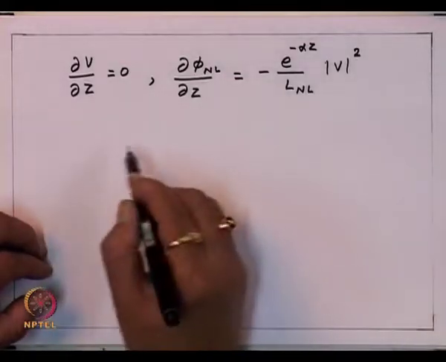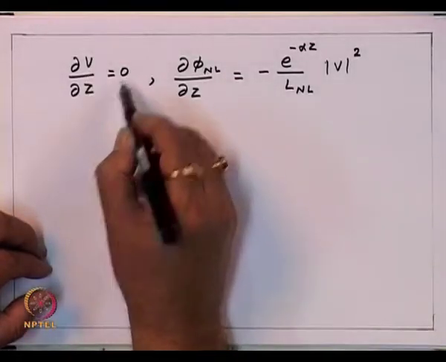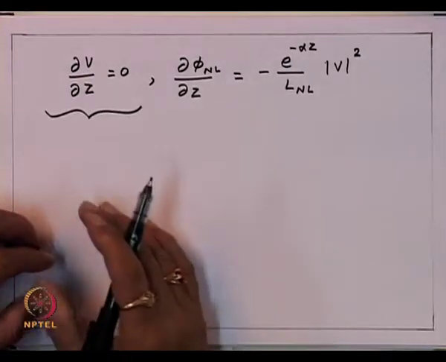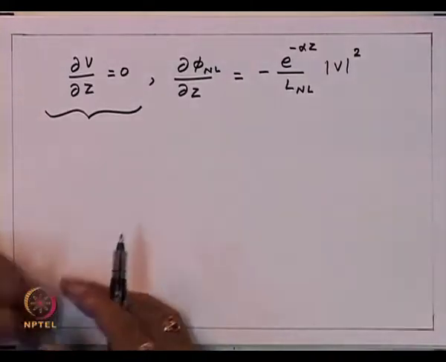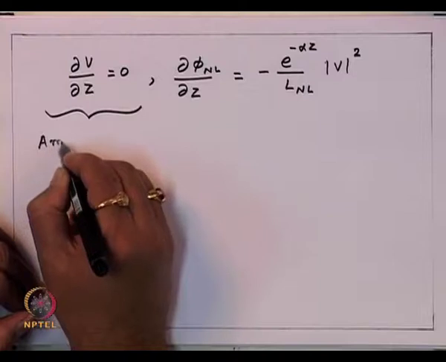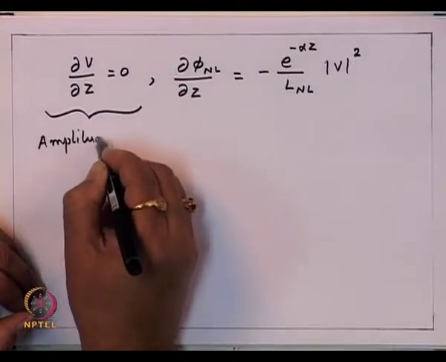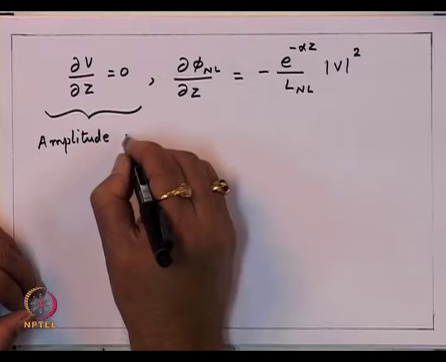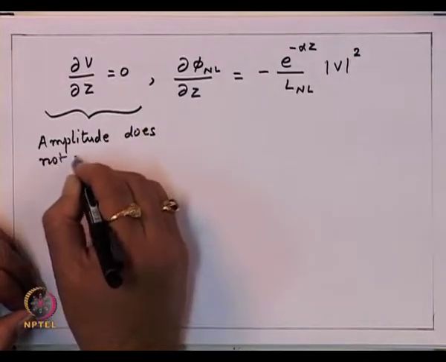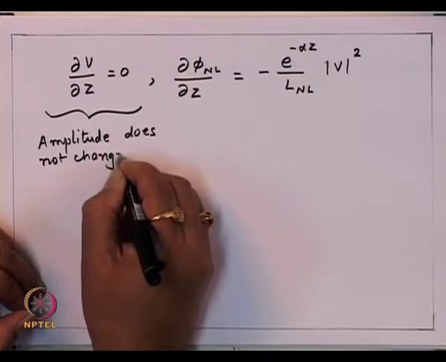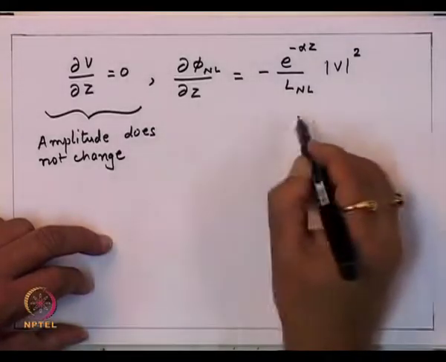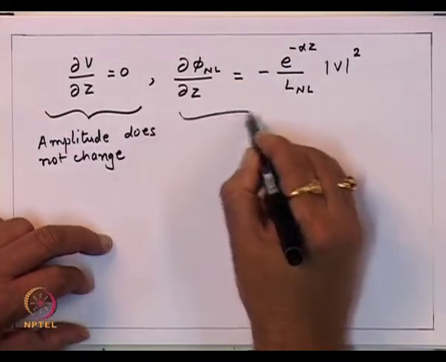So, the important thing to note here is that since dV by dz is equal to 0, this means that the amplitude does not change as a function of distance when the pulse propagates. The amplitude does not change in the evolution of the pulse. Only the phase changes as a function of distance.